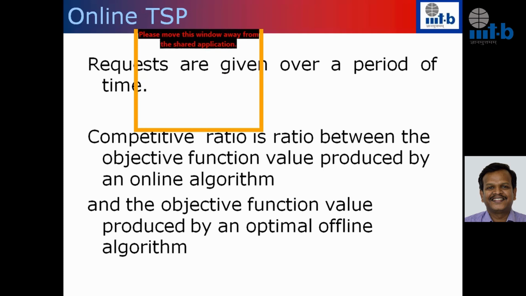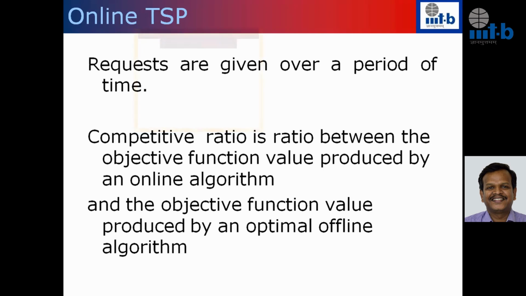The competitive ratio is the ratio between the objective function value produced by the online algorithm and the optimum value. We have an online algorithm which gives you some answer. You can compute the objective function, which could be the total distance traveled or the last service that has been done, right?